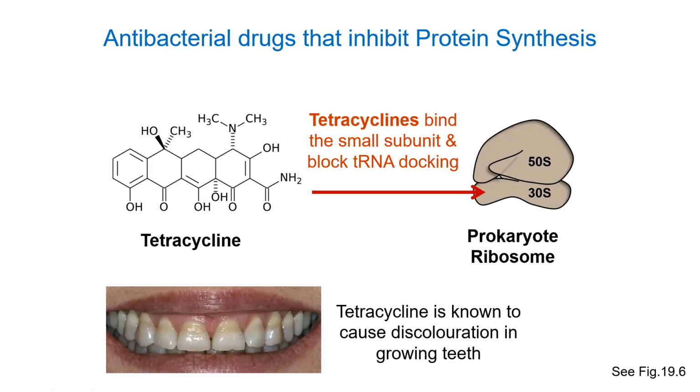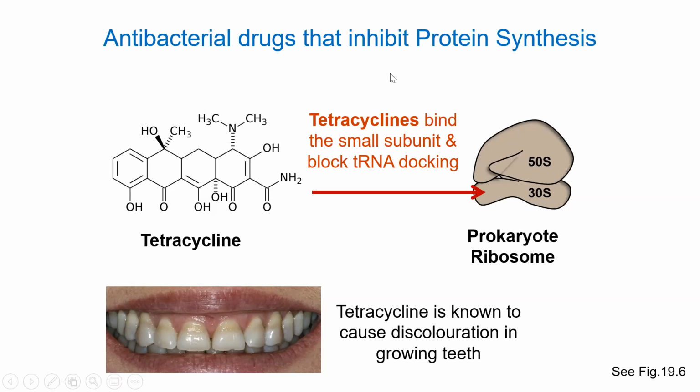And one of the biggest issues, of course, is cosmetic, in that it can cause yellowing of teeth, particularly because children have growing teeth. My understanding is it can also weaken growing bones a little bit too, but I'm not 100% sure about that. I'd have to look that up. I know this is one of the major things, and if you Google tetracycline teeth or something like that, there's all sorts of dentists out there that have procedures that they want to help you with this kind of thing.